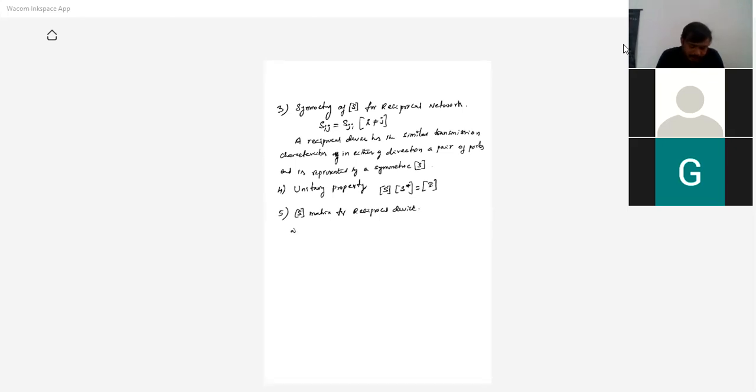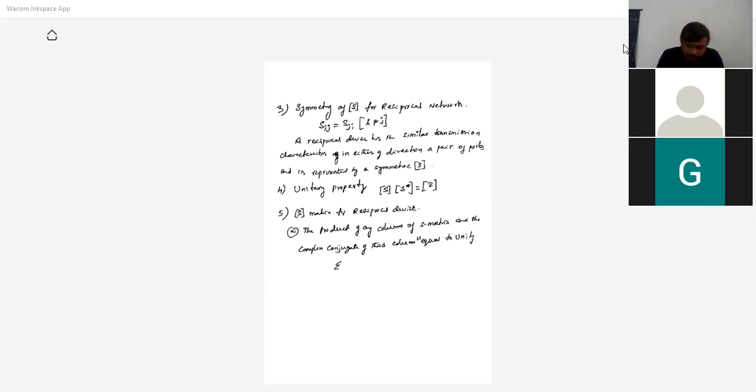One is A: the product of any column of S matrix and the complex conjugate of this column is equal to unity.